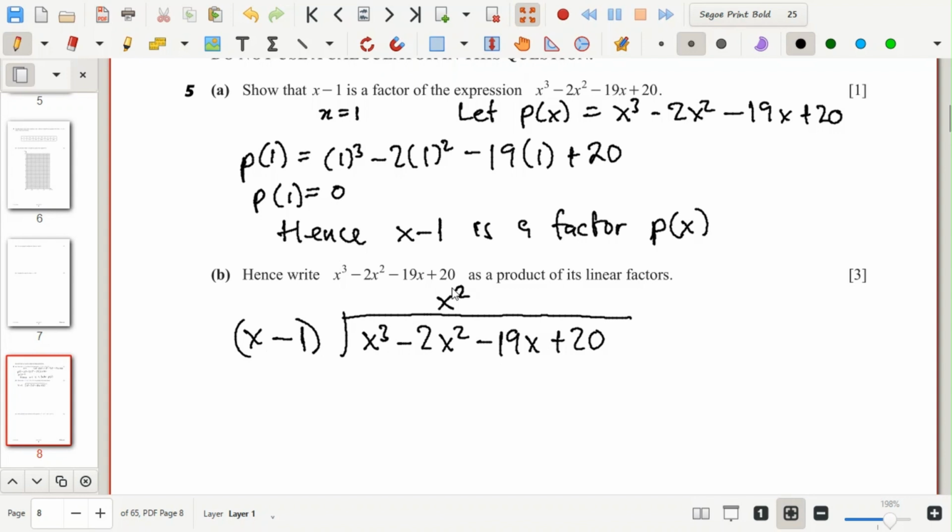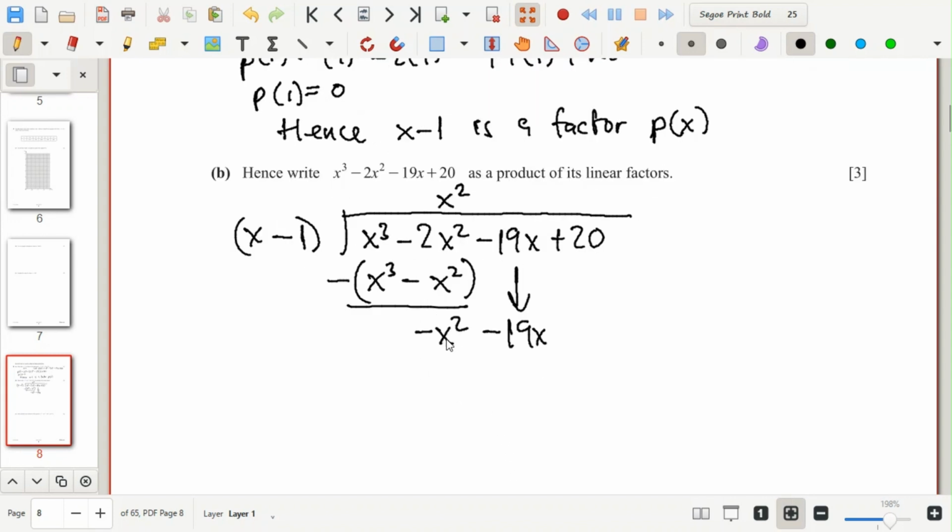Then you multiply by the brackets, you get x cubed minus x squared. So now let's subtract. It's negative x squared. Negative x squared divided by x is negative x.